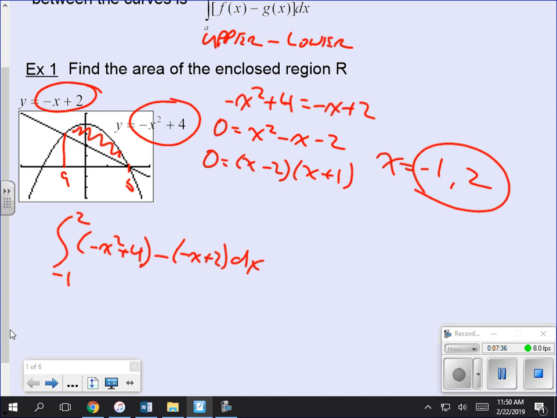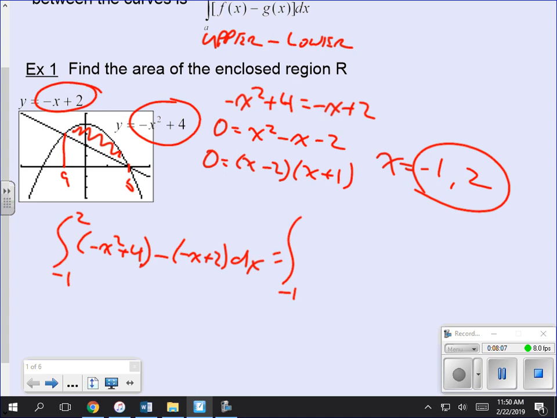Now, as far as I'm concerned, in this chapter, pull out your calculator and do this on your calculator, or you can do it by hand. I don't care. I want to see this, and I want the answer to go with it. If you want to do this by hand, and even if you're doing this on your calculator, I would simplify this down first.